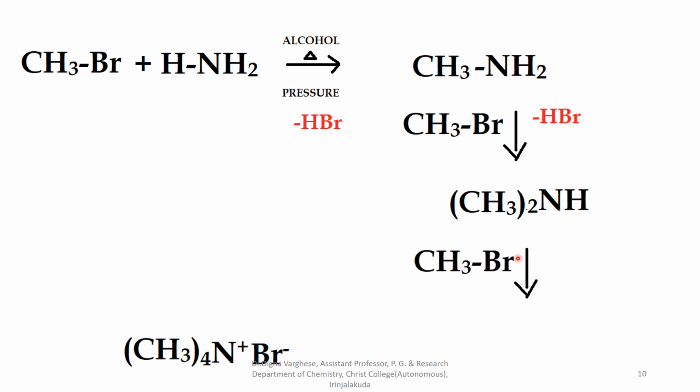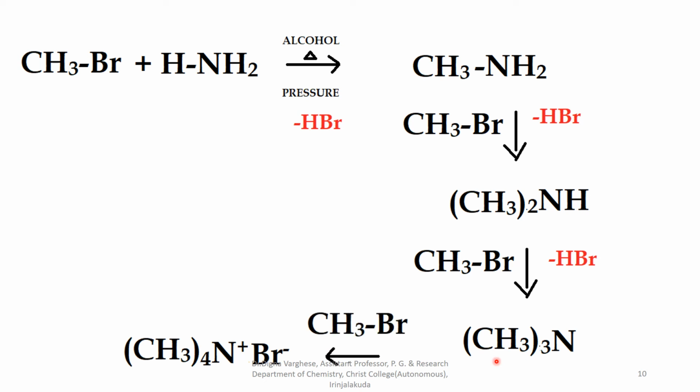It will further react with one more methyl bromide by the elimination of HBr, forming tertiary amine, that is trimethyl amine. It will again react with methyl bromide, forming quaternary ammonium salt, that is tetramethyl ammonium bromide. Okay.